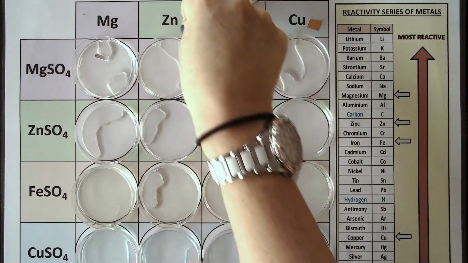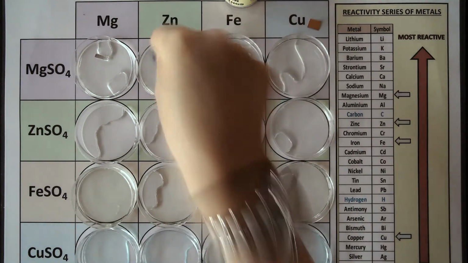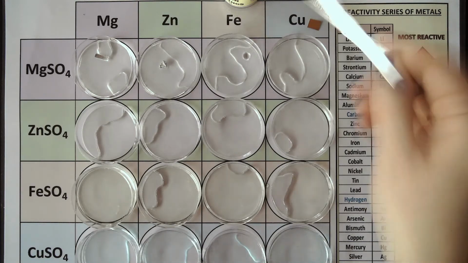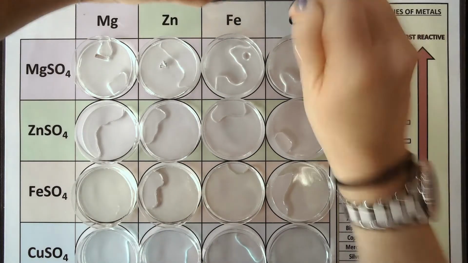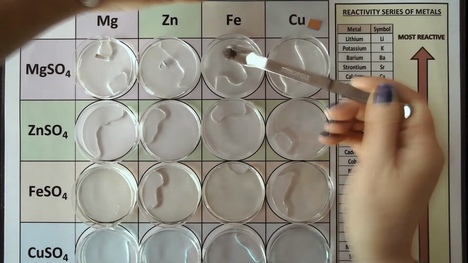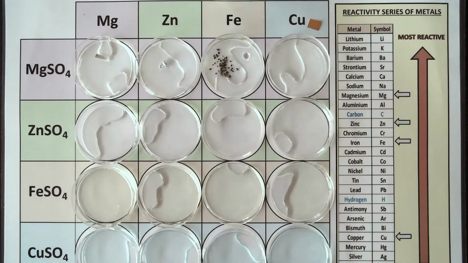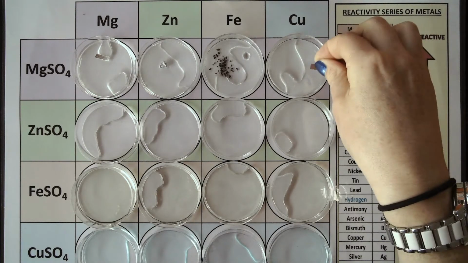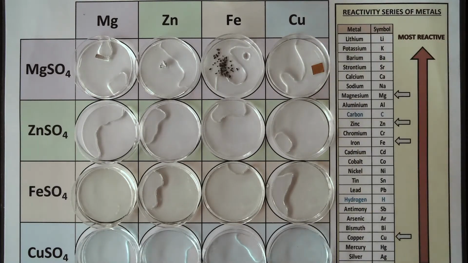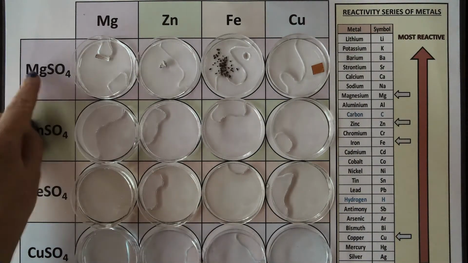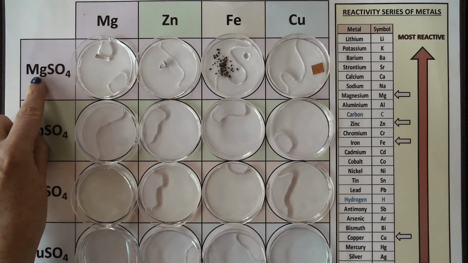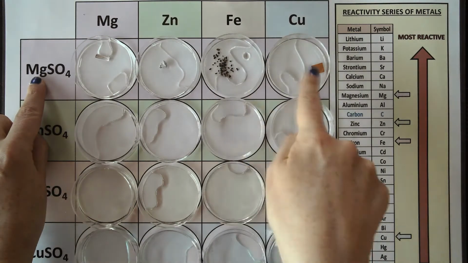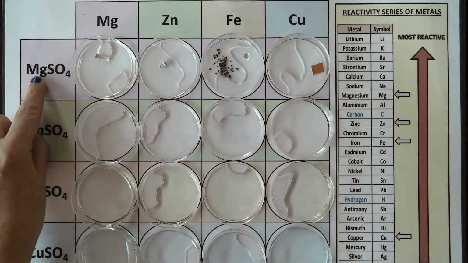So if I put the zinc in there, then I have got some iron filings. Take a scoop of that, put it in there, and I've got a piece of copper and I put it in there. Now because the magnesium is more reactive than zinc, iron and copper, there is no reaction.